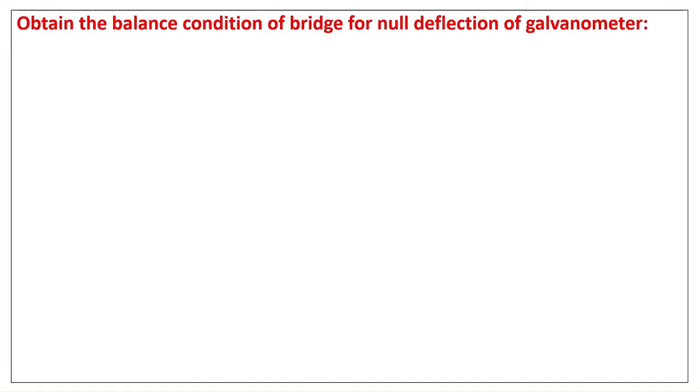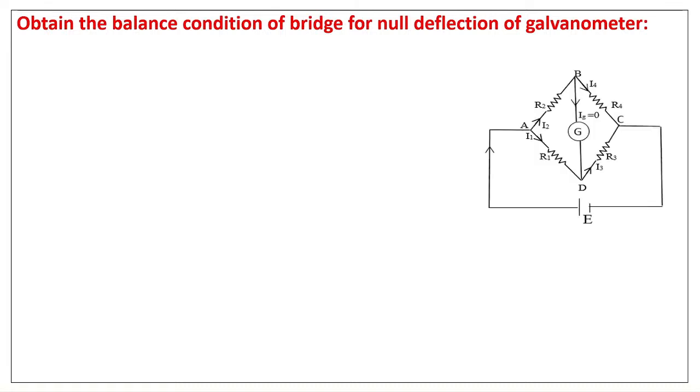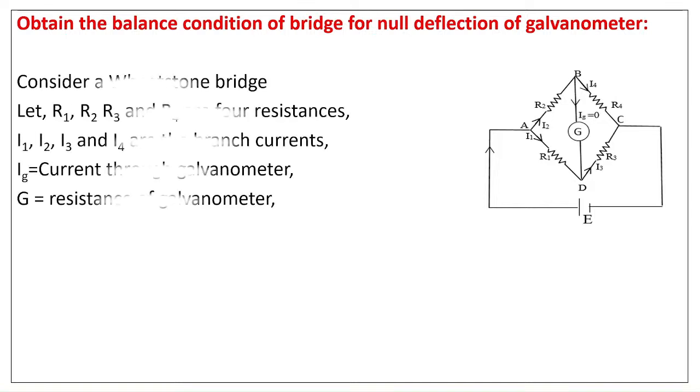Let's derive the expression for the balance condition of the bridge for null deflection of the galvanometer. From the figure, consider a Wheatstone bridge. Let R1, R2, R3 and R4 be the 4 resistances. I1, I2, I3 and I4 are the branch currents.